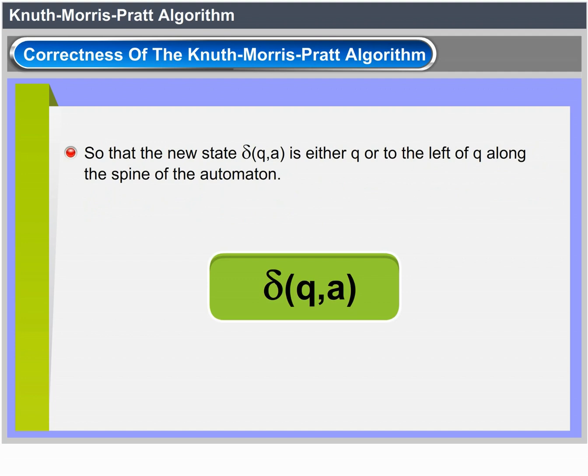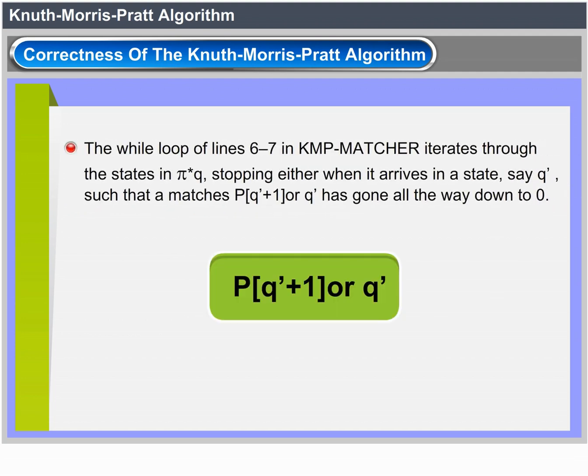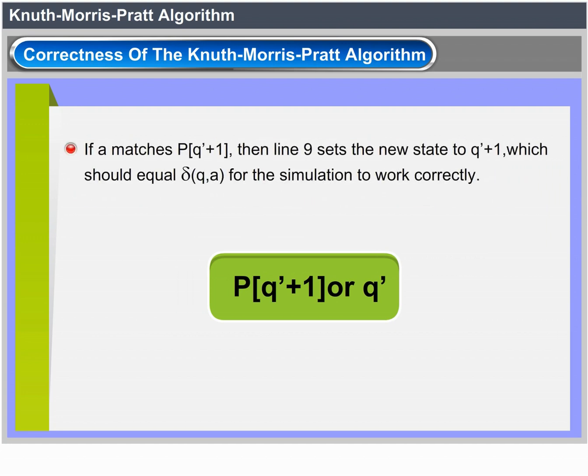The while loop of lines 6 to 7 in KMP matcher iterates through the states in π*[q], stopping either when it arrives in a state, say q', such that a matches P[q'+1], or q' has gone all the way down to 0. If a matches P[q'+1], then line 9 sets the new state to q'+1, which should equal δ(q, a) for the simulation to work correctly.